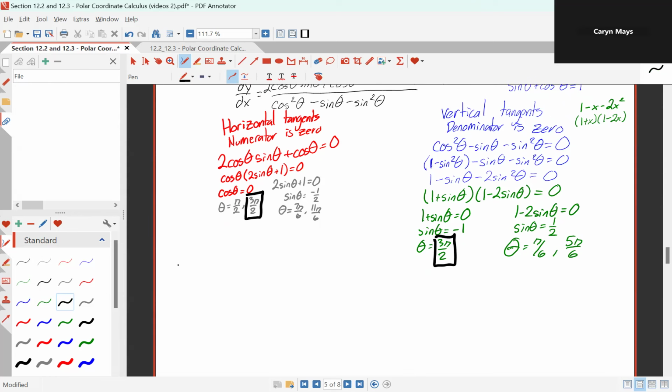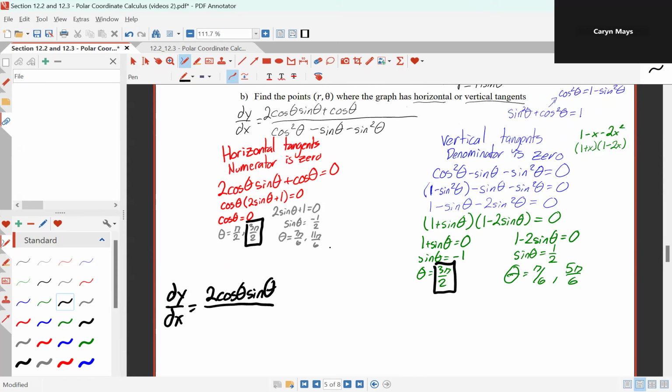So we know dy/dx equals r, 2 cosine theta sine theta plus cosine theta, over cosine squared theta minus sine squared theta.